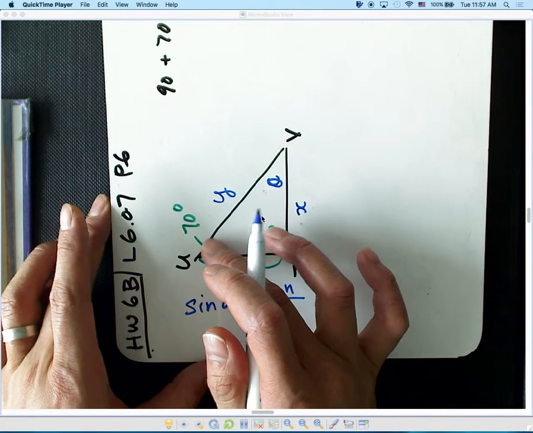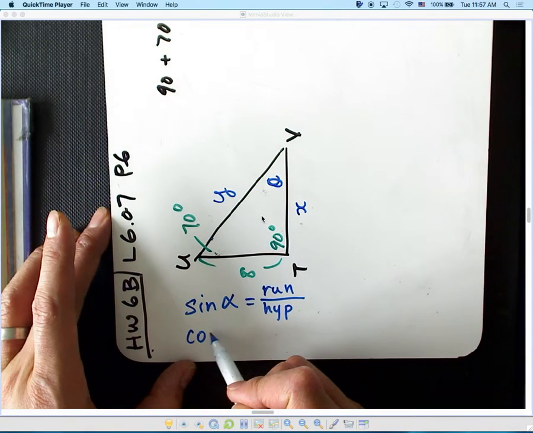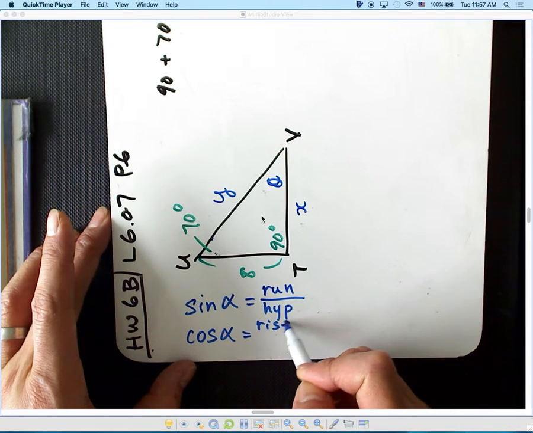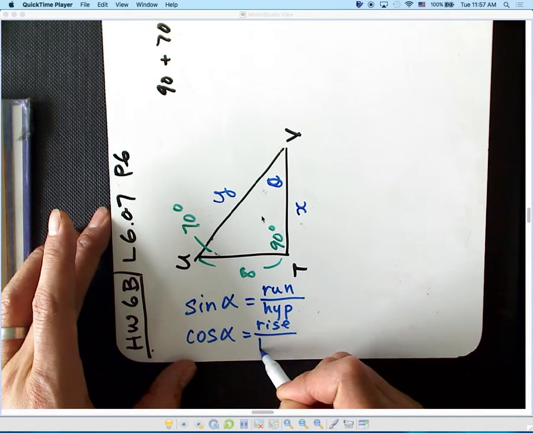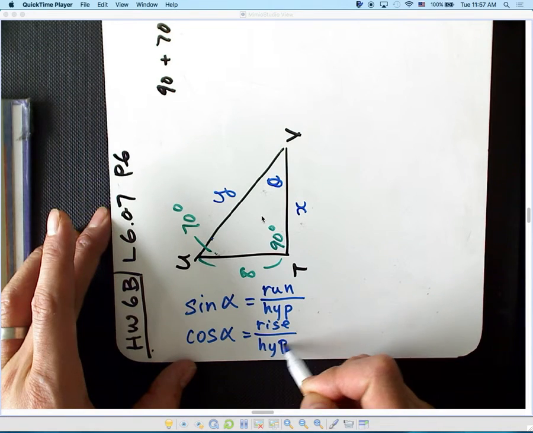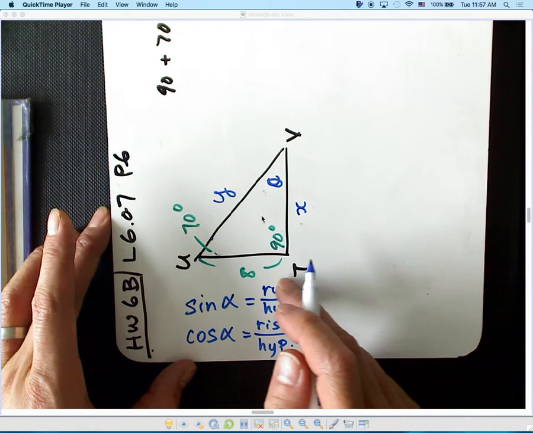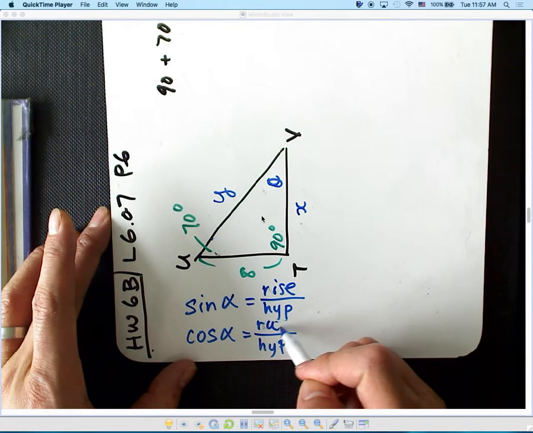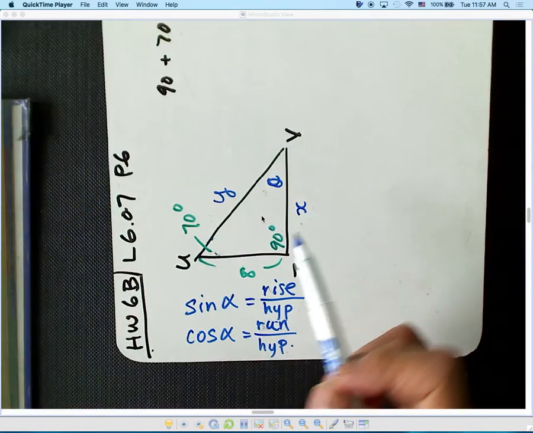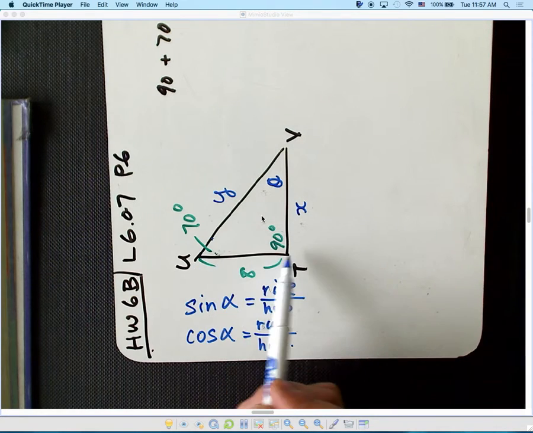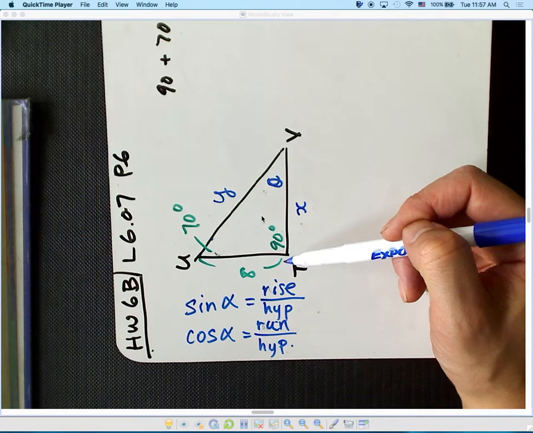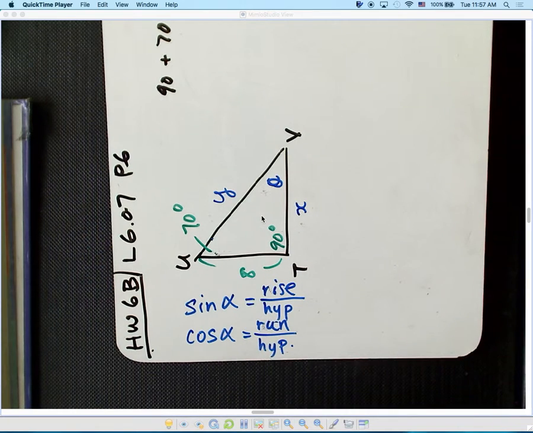And we also know that cosine of the same angle is rise over hypotenuse. Oh, no, the other way around. Sine is rise, I'm sorry. Cosine is run. So in this case, we know what the run is. Run is 8. We don't know what the rise is, but we know what the alpha is in this case.